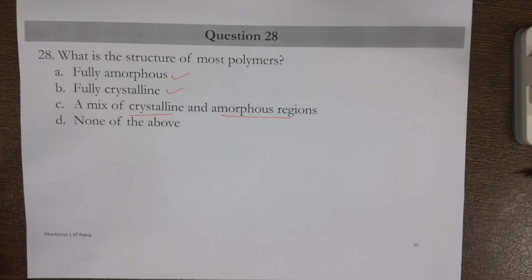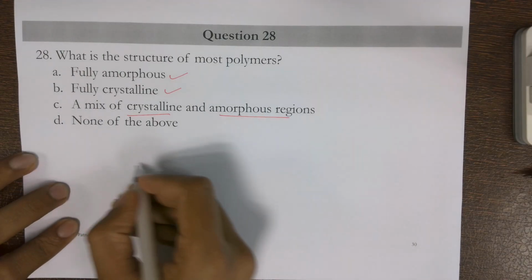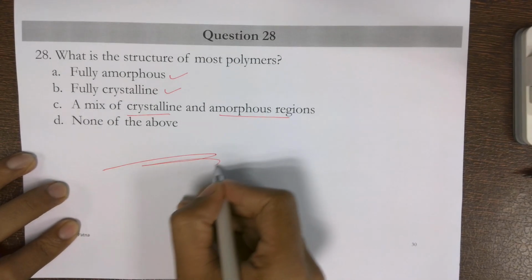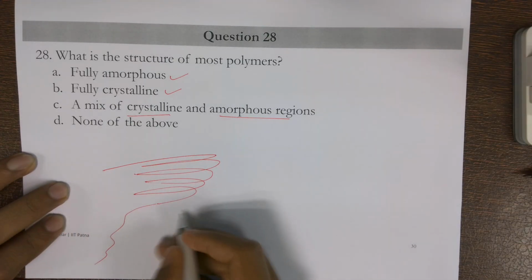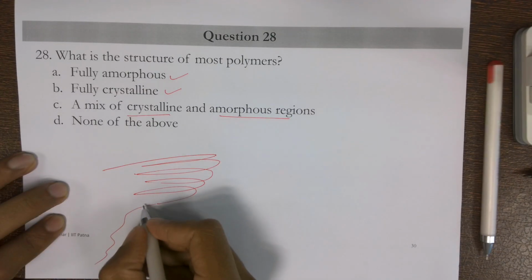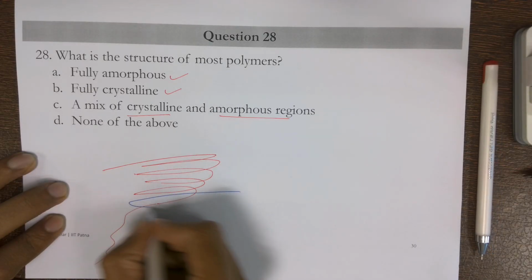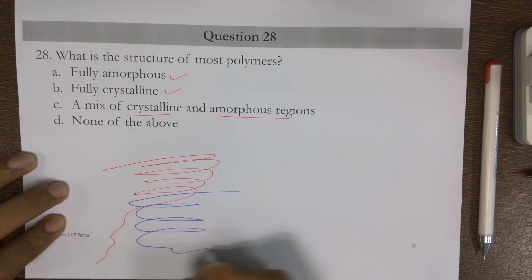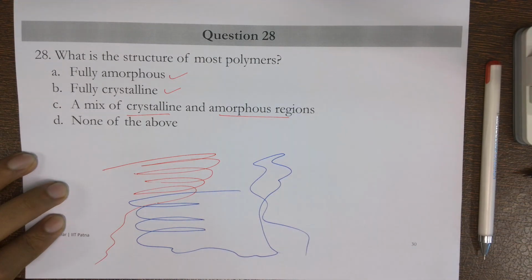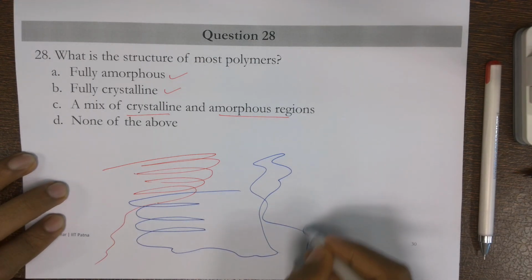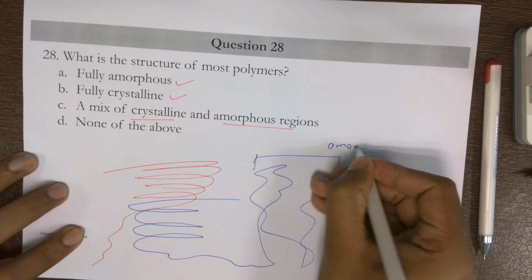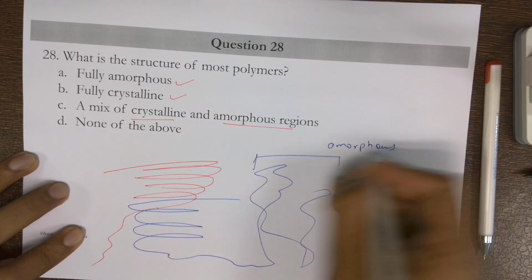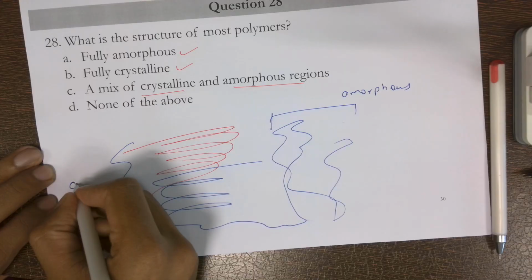Certain regions can be amorphous, and certain regions can be crystalline.